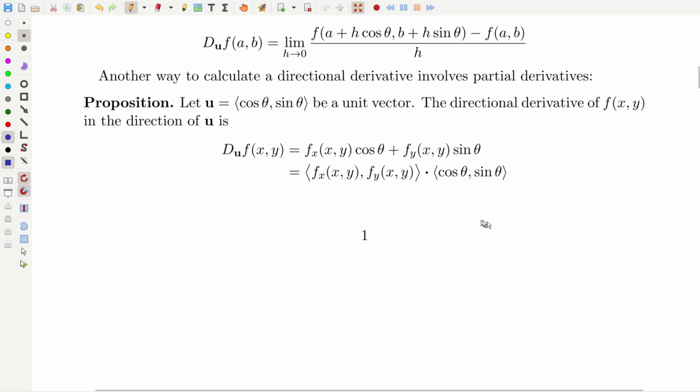So, and you can see that this is the direction vector that we started with, u. So this ends up being what we call the gradient of f.